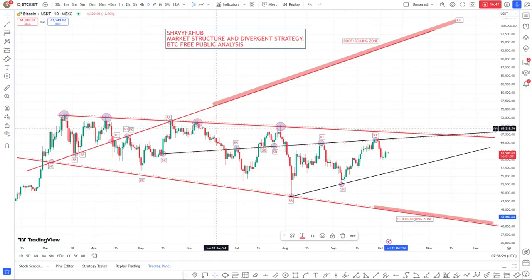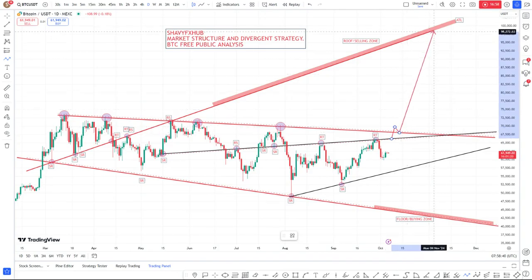This sell liquidity accumulating can be taken if buyers can make their way above this structure. Then we can see a new all-time high in the month of November, could be in the month of October, whichever way you want to look at it.